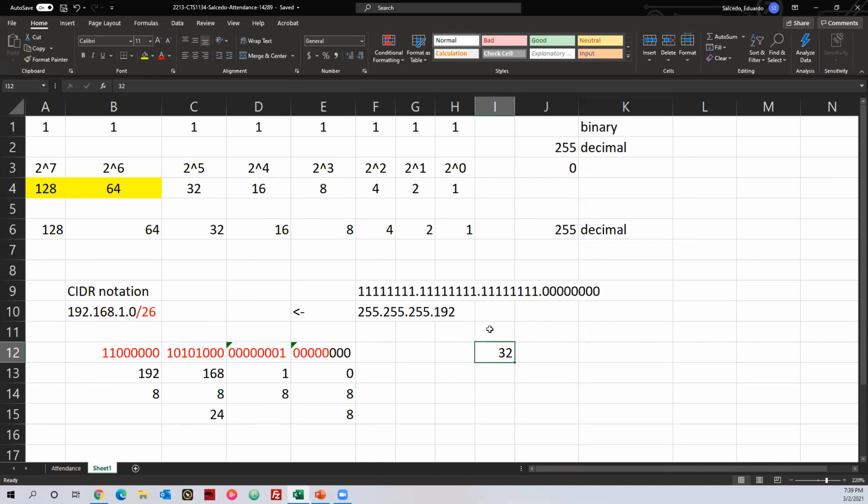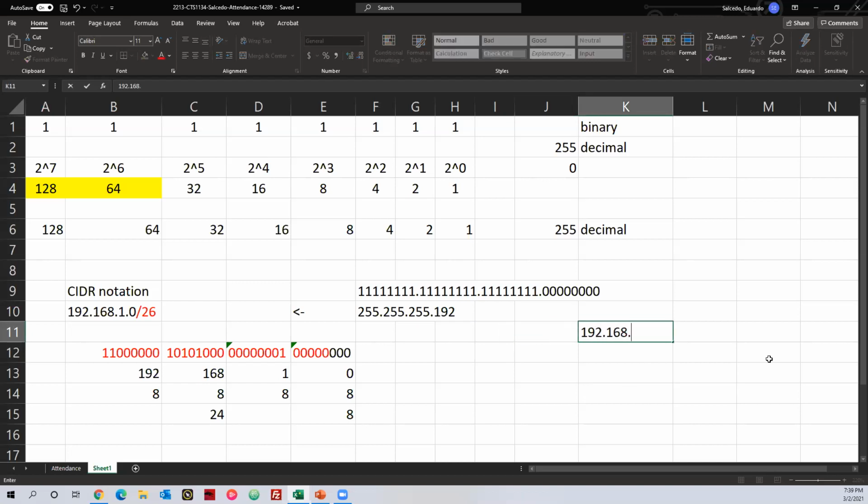So if I say, okay, we're gonna do 32 subnets, which one's the very first IP? It's the same for every single one. They will give you the IP, so the ending of it will be the same for all of them.